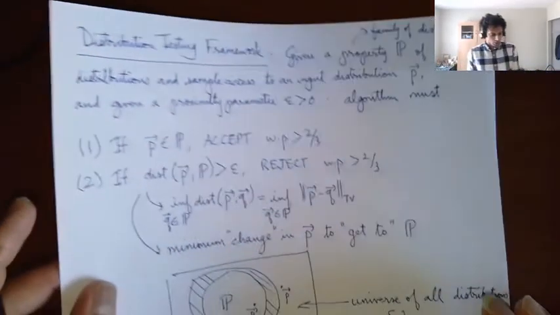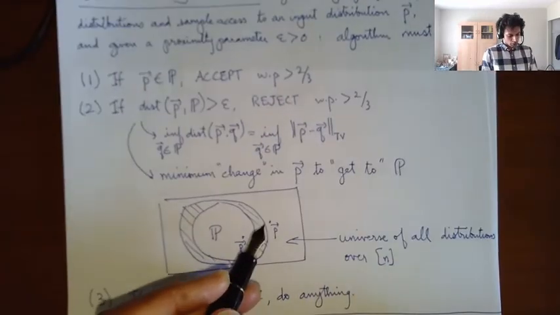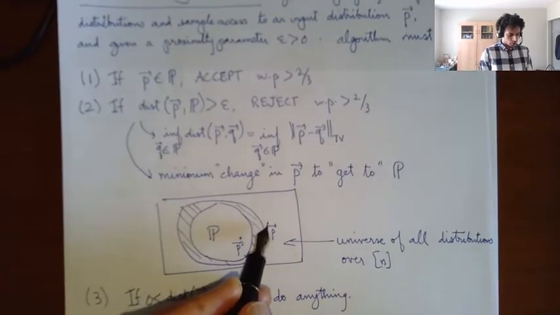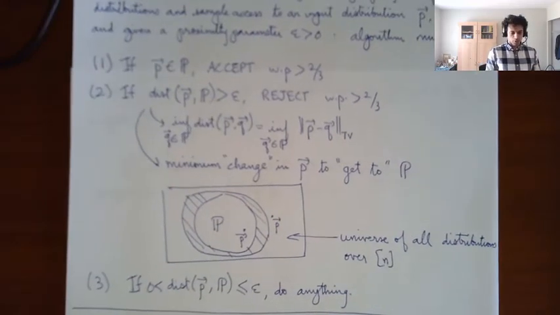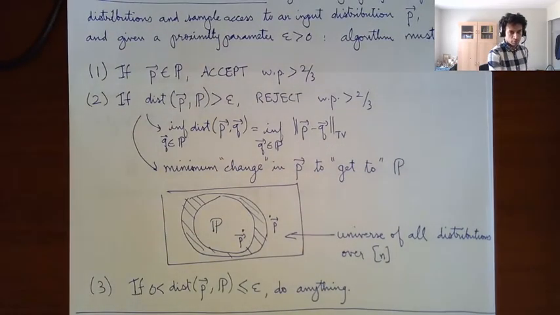Why? Because if you can learn, then technically what you're using is the fact that the total variation distance satisfies the triangle inequality. That is basically what we're doing.